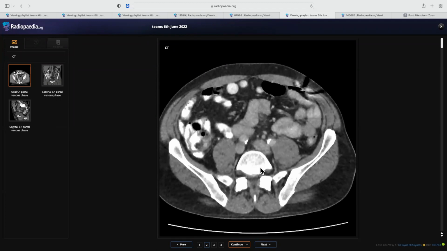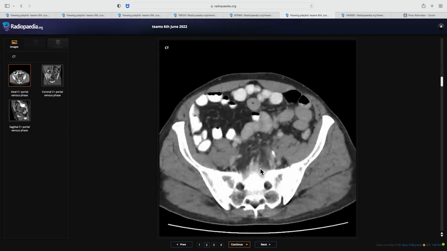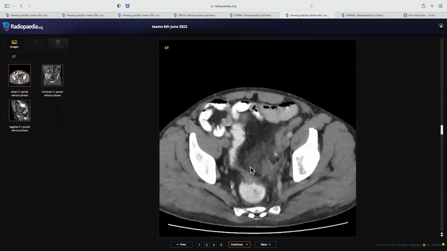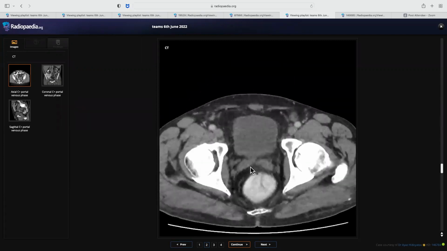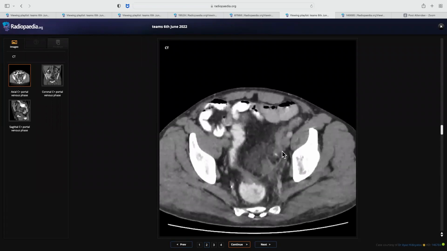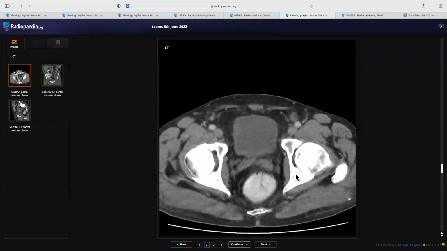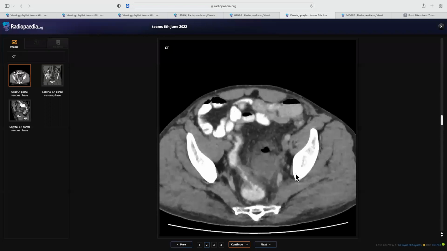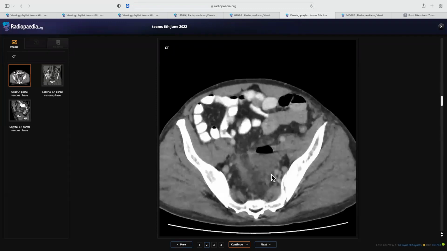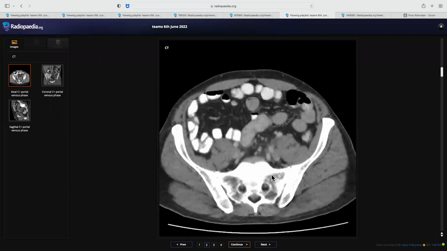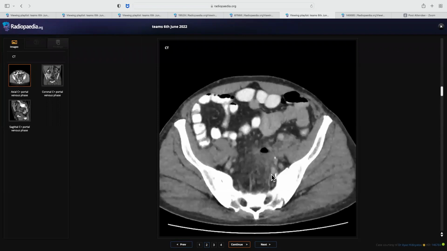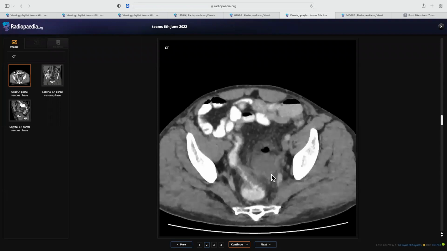I'm looking for any other inflammatory or infective cause in this patient. I'm looking for any diverticulitis. In this case, there is no evidence of any diverticula. I can see free air foci in the abdominal cavity, in the pelvic cavity, with surrounding fat stranding, which can be a collection with possible abscess formation.